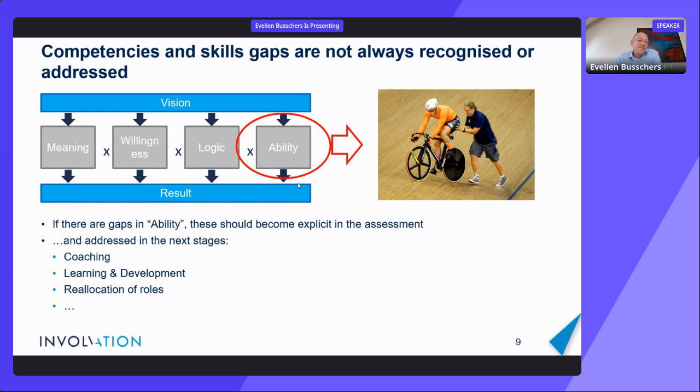There's one specific area that I'd like to take out specifically, and that is competencies and skills. Not because it is the most important aspect, but because next to the why, it's also one that is sometimes, or in fact quite often, either forgotten or doesn't really get sufficient focus in our view.